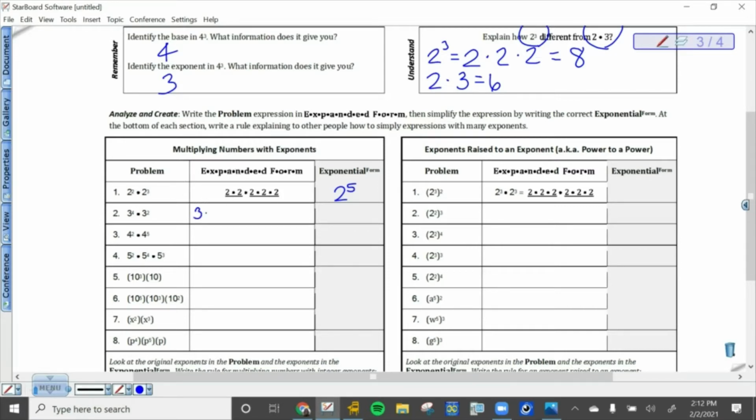So that's 3 times 3 times 3 times 3, that's 3 to the 4th, times 3 times 3, that's 3 squared. So then what's my answer going to be in exponential form? 3 to the 6th. Okay. You guys got it? You want to keep going?